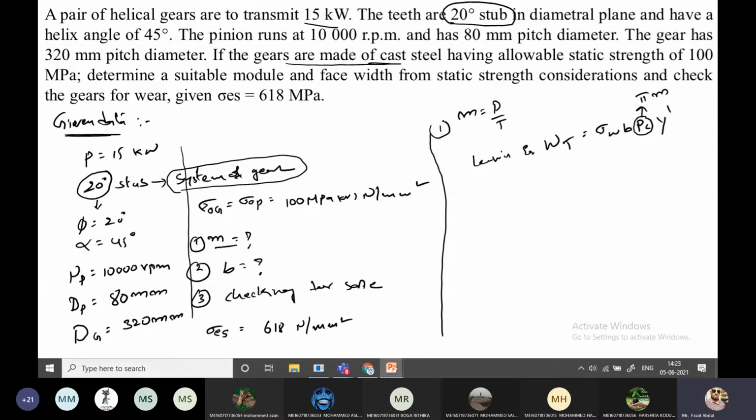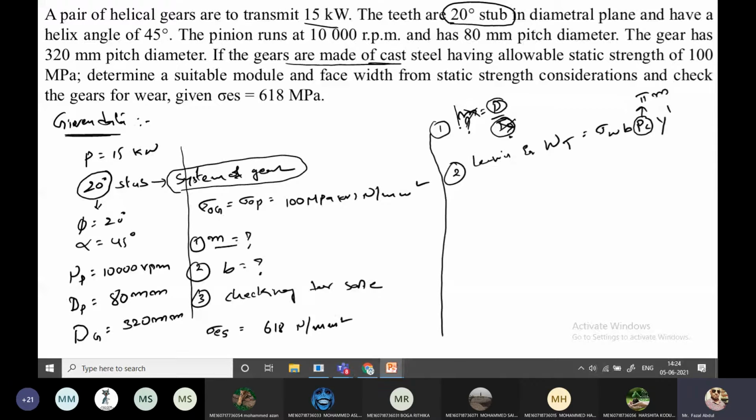Now the next question is, between these two equations, which equation is suitable for my question? See, module, that is a question mark, we don't know. Number of teeth on pinion, we don't know, but diameter is given. So here we don't know t, we don't know m, two unknowns are there.